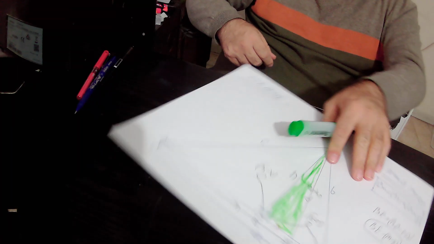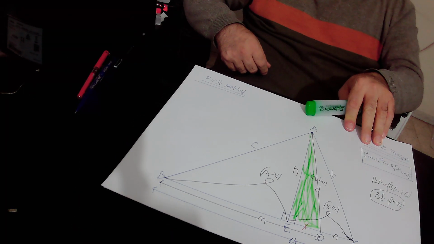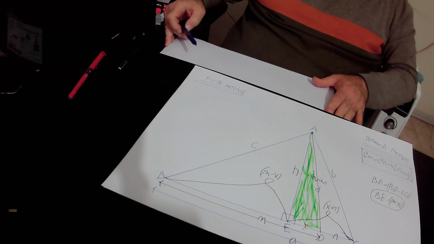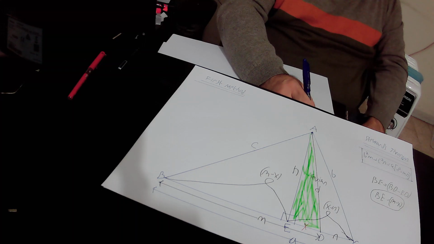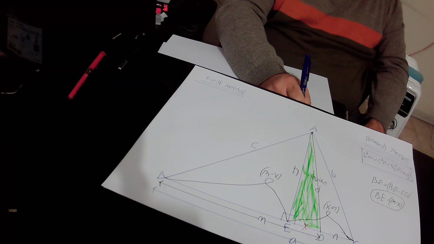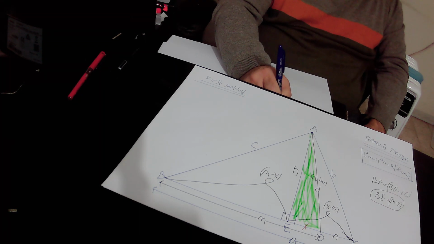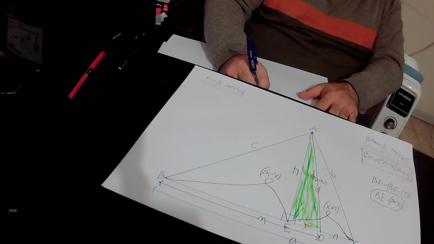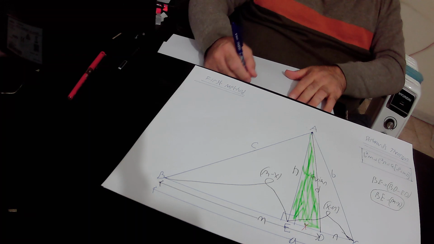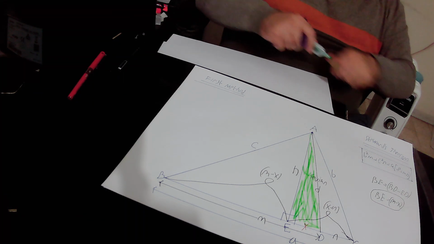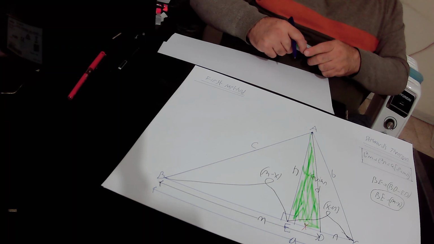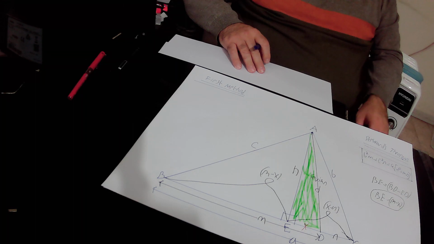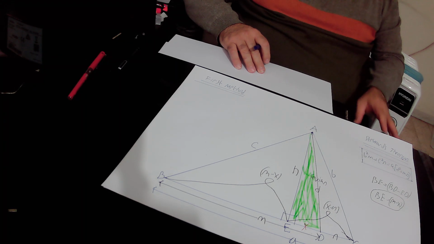Here PT is the abbreviation for Pythagoras theorem, and according to the Pythagoras theorem, in any right triangle, the square of the hypotenuse equals the sum of the squares of the perpendiculars.